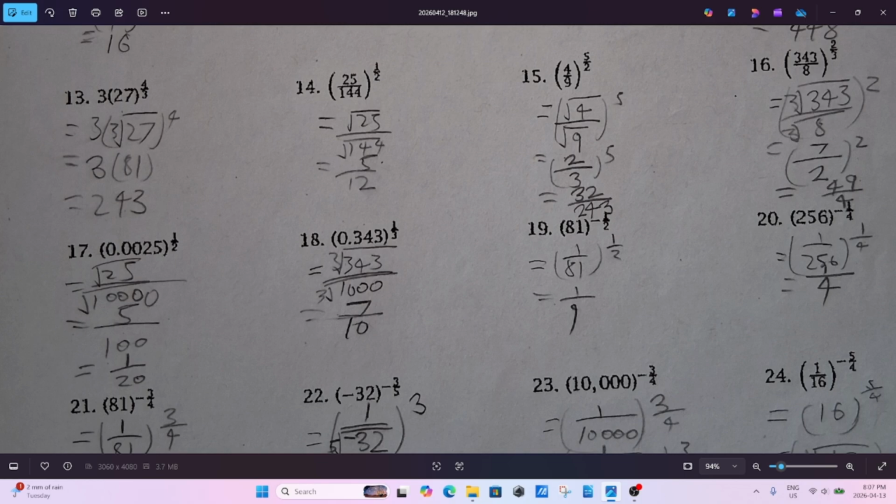Question 16. 343 divided by 8 to the exponent 2 over 3 is equal to the third root of 343 divided by the third root of 8 squared, which is equal to 7 over 2 squared, which equals 49 over 4.